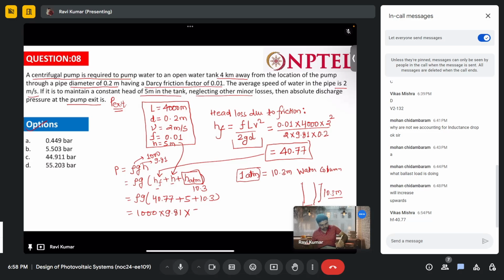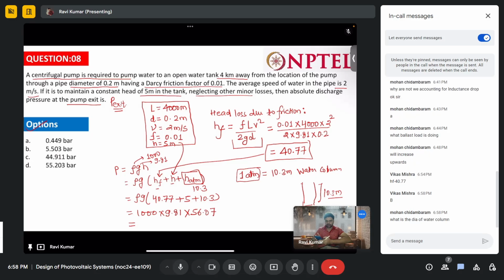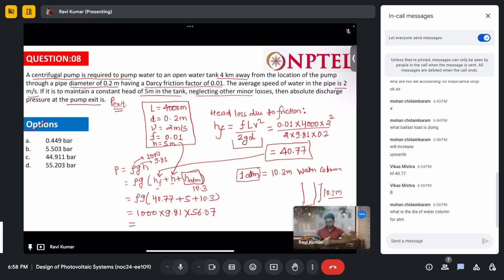56.07. What is the total answer? It is coming 55046.